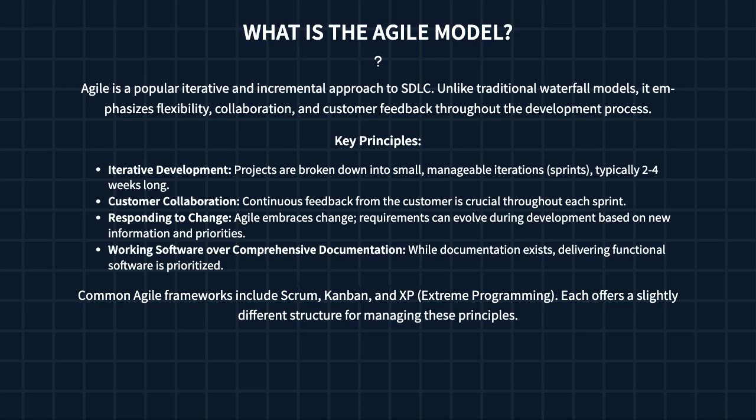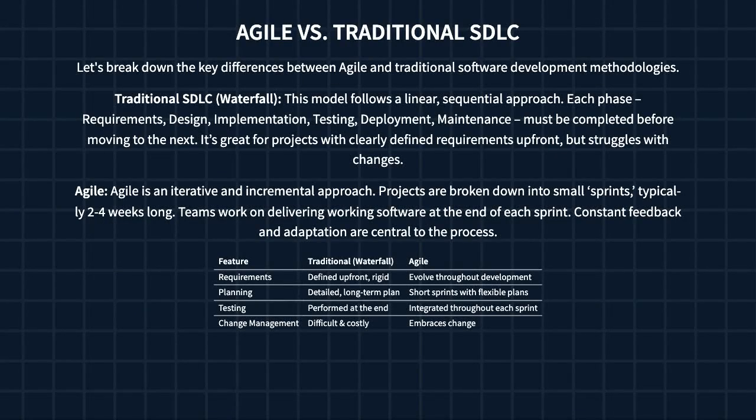The focus isn't on massive documentation, it's really about delivering working software at the end of each sprint. There are several different frameworks that fall under the Agile umbrella, like Scrum and Kanban, but they all share those core values.